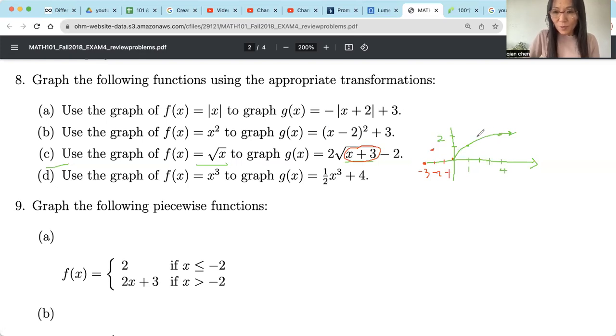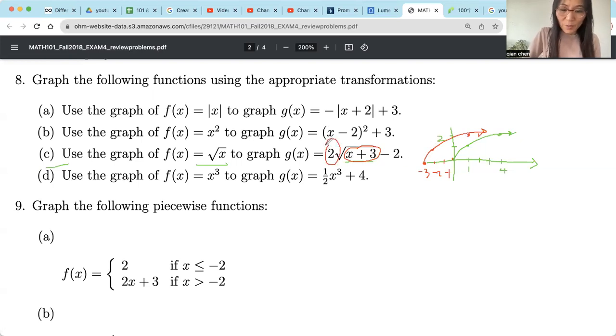And (4, 2) being shifted 3 units becomes (1, 2). Right? The graph stays the same. So these 3 points being shifted 3 units to the left.